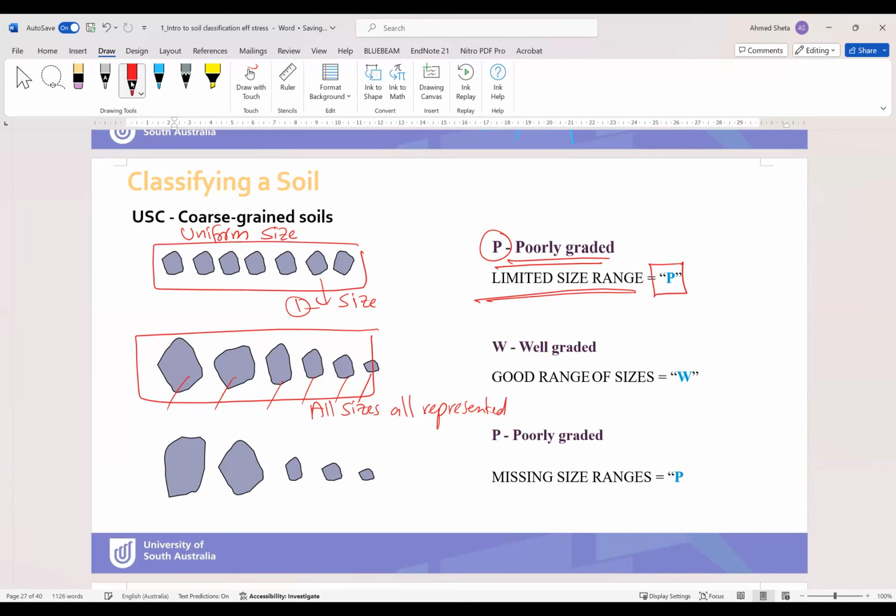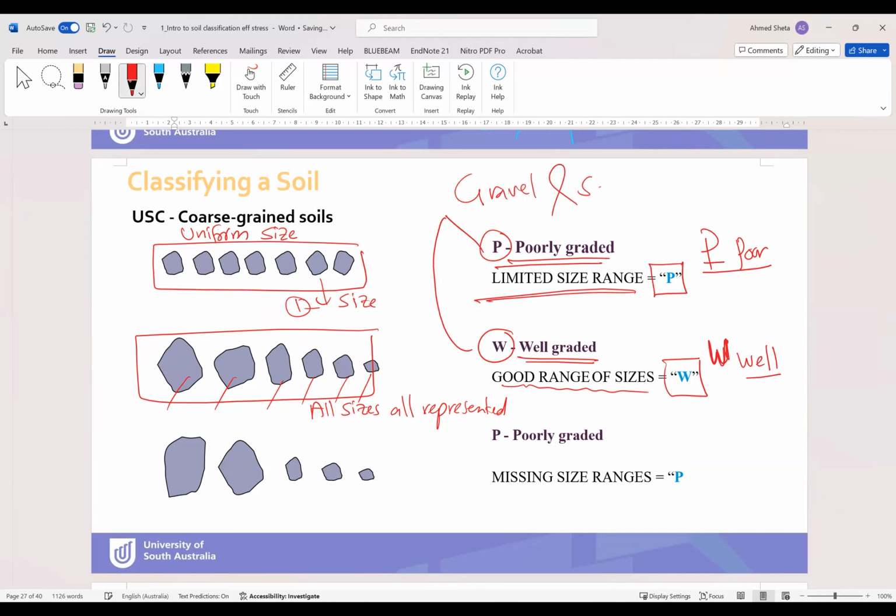This soil is good for us and it is considered well-graded soil because we have a good range of sizes. We can give this the symbol W. So B for poorly graded, W for well graded. And this classification is for gravel and sand.